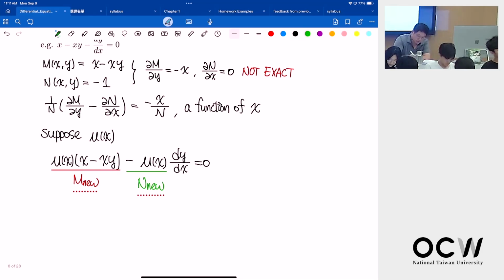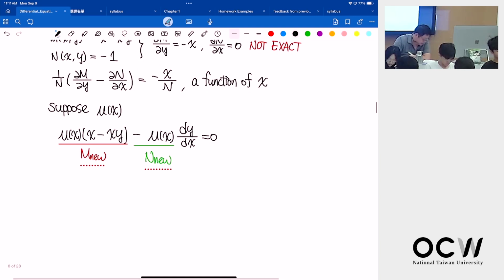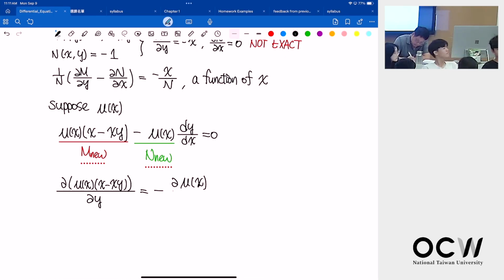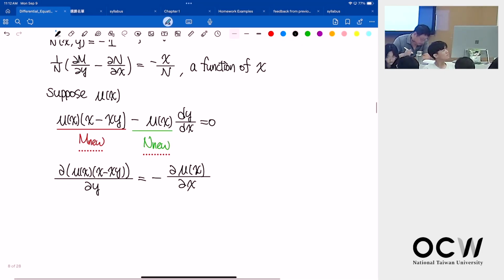So we can check the partial of mu of x times x minus xy with respect to y. There'll be minus the partial of mu of x with respect to x, so you have minus x mu of x equals minus d mu over dx.